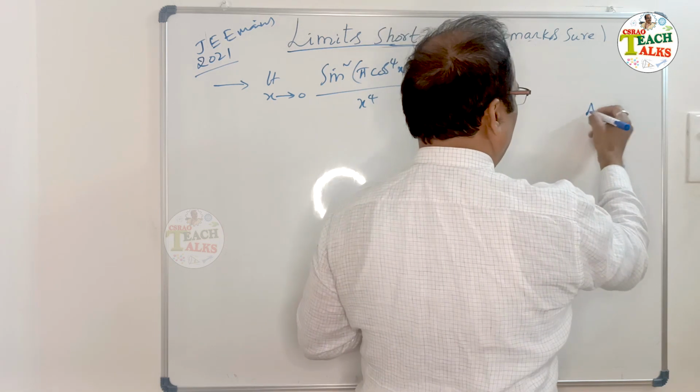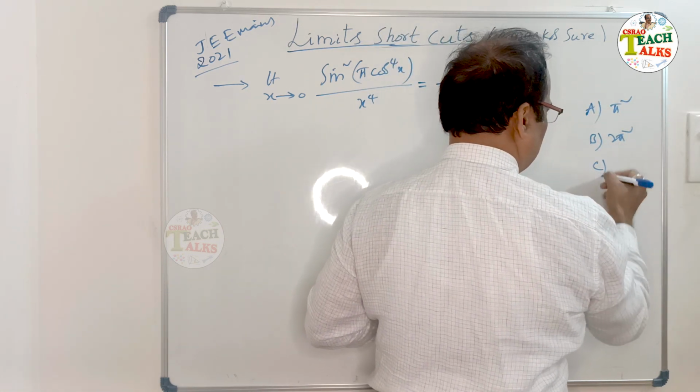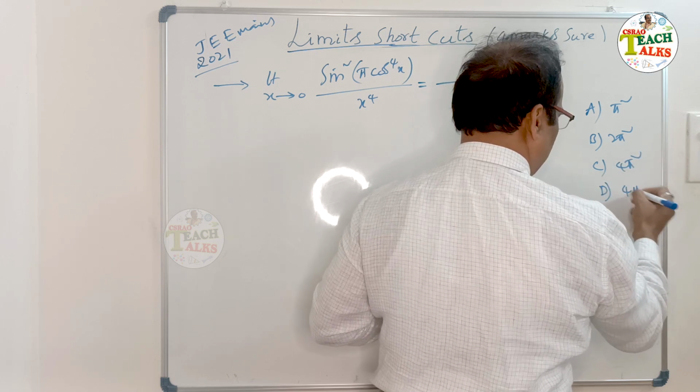Here option A pi square, option B 2 pi square, option C 4 pi square, option D 4 pi.